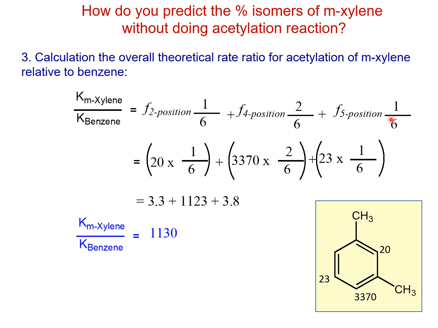So each of the partial rate factors is multiplied with the cofactor, and we will get the theoretical rate ratio as 1130.